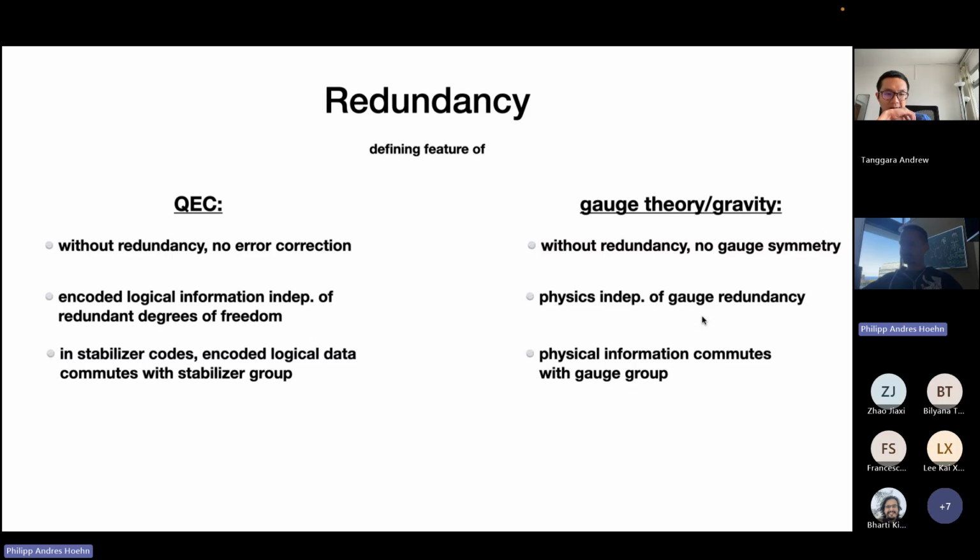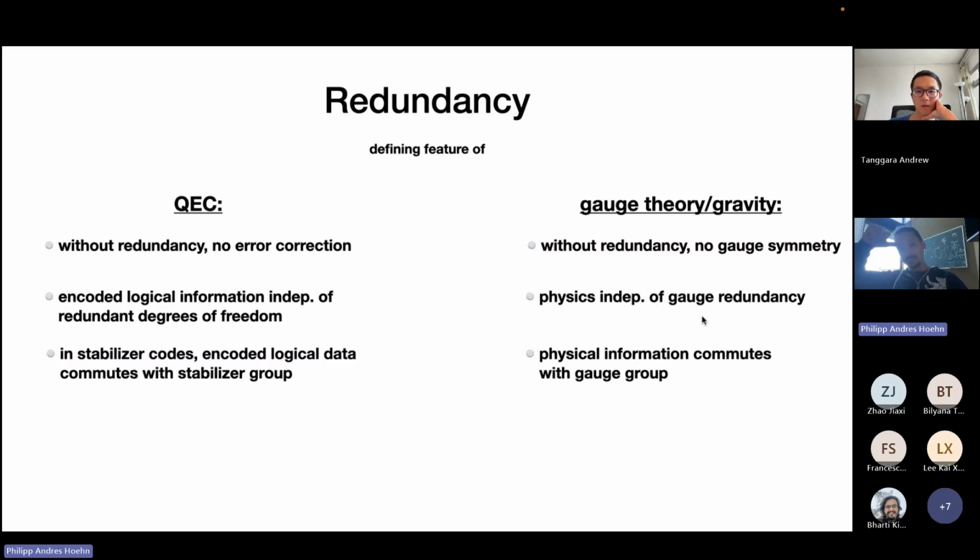If you encode your information in a quantum register without any redundancy, then any unwanted interaction with the environment will corrupt your data in ways that you can't distinguish from logical operations, and you wouldn't be able to do any error correction. So clearly you need redundancy for error correction. When you have redundancy, the hope is that unwanted interactions may only affect redundant data without fundamentally corrupting the logical data that you have encoded.